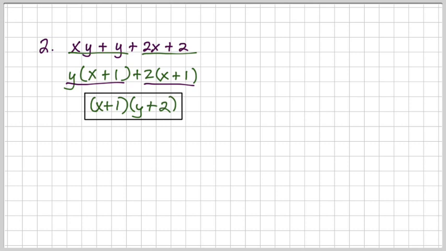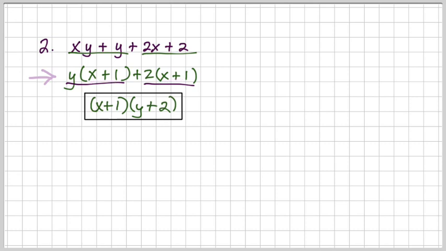All right, so I want to show you something at this point because there's a nice little trick. This step here is a key step. When you factor out the GCF in the two pairs, have you noticed that we're getting the same thing inside the parentheses? In this case, we had x plus 1 in both of these.